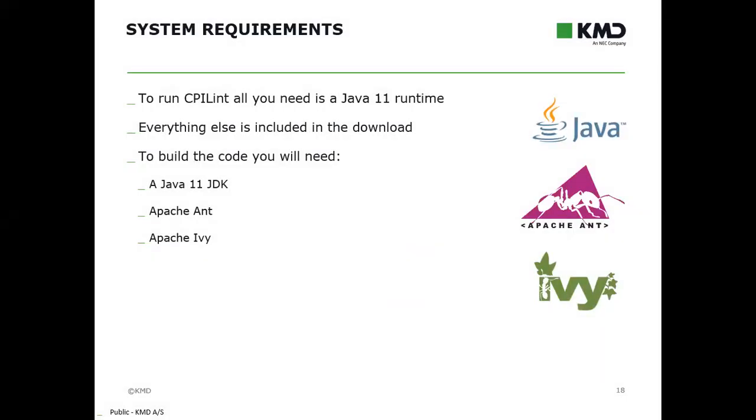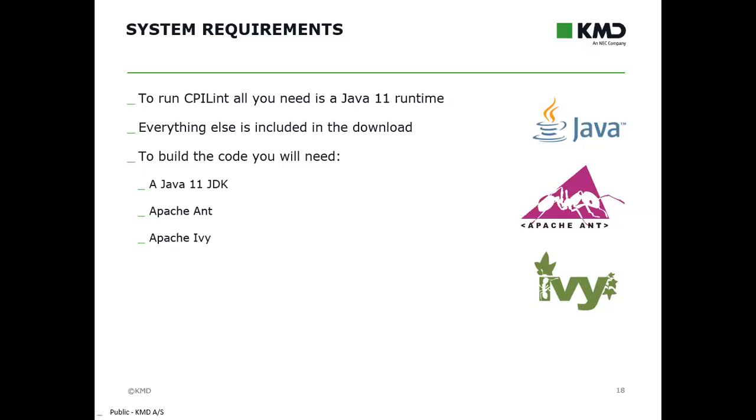Okay, so briefly about what it takes to run the tool. CPILint is written in Java. So to run it, you need a Java 11 runtime, and that's it. So if you just want to install the tool and use it to do governance of your CPI content, you just need the Java 11 runtime.